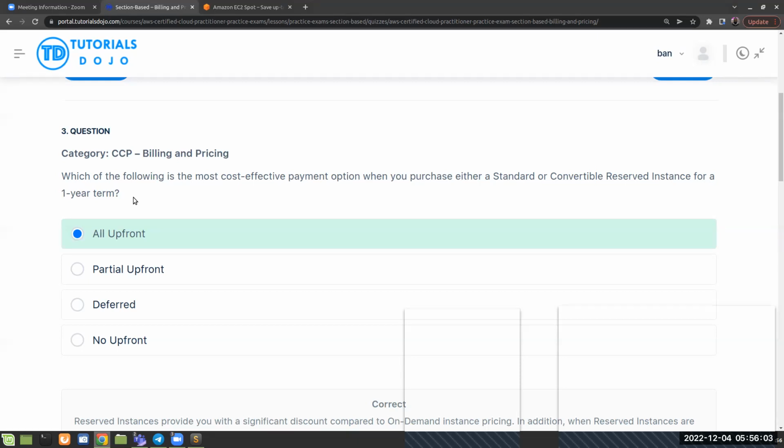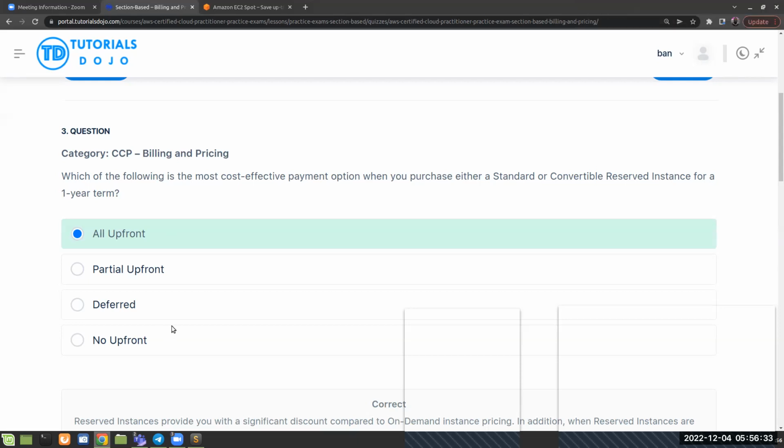You can either pay all the money, let's say today, if I want to use it for 1 year. When you pay it today, AWS even gives you a much better discount because you are paying all the money at once. If you pay just some part of the money, which is called partial upfront, let's say you pay for 6 months and then you pay the remaining amount, AWS will also give you a discount that will be smaller than when you pay all of it.